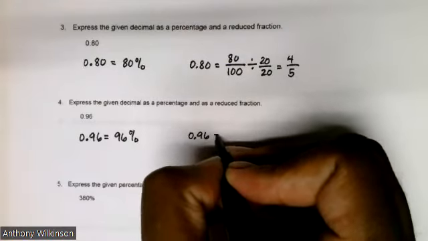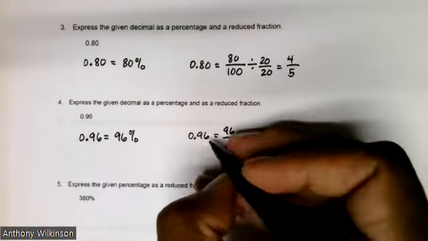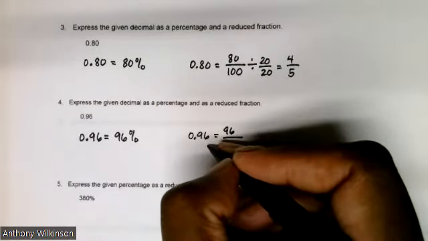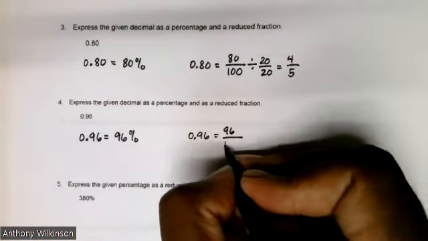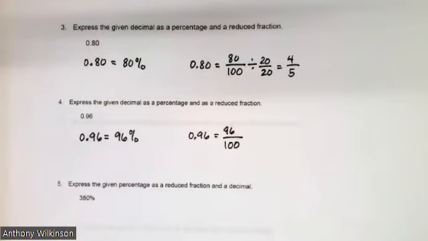And then as a reduced fraction, well, let's put the 96 in the numerator. There are two numbers after the decimal point, so that means the denominator will have a 1 with 2 zeros. So it'll be 96 over 100. Now we need to find the largest number that goes into 96 and 100.